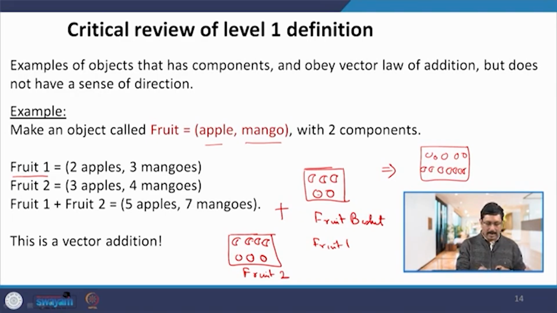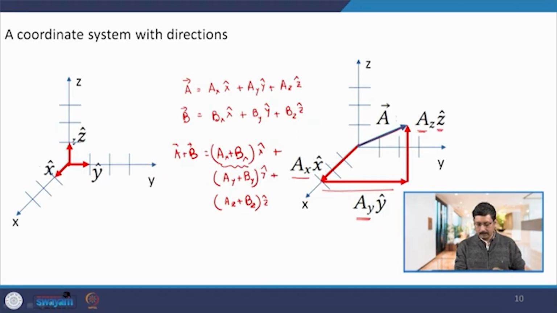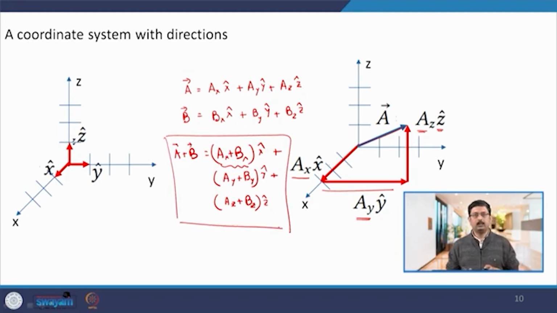You add apples to apples and mangoes to mangoes. So, this is a vector addition. Why? Because you apply this rule to compute the total fruits in the common basket.